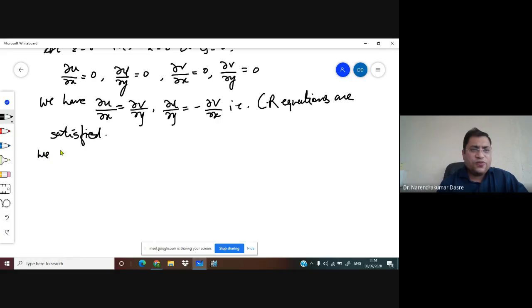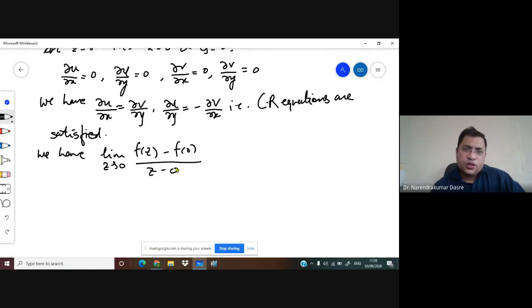So we have limit z tends to 0, f of z minus f at 0 upon z minus 0. If this limit exists, then the function is differentiable. If this limit does not exist, then the function is not differentiable.